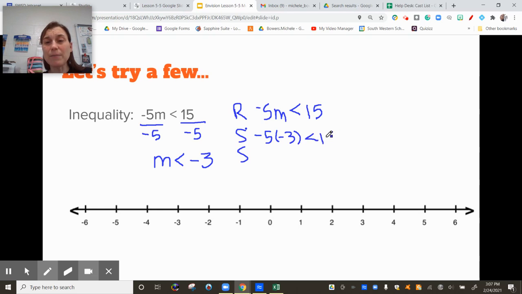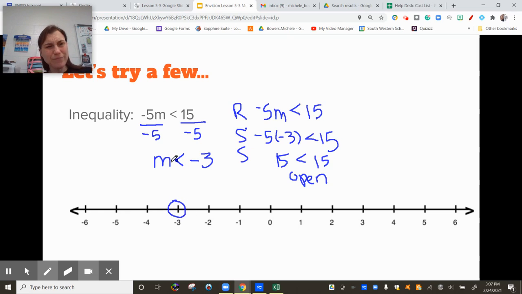Well, a negative times a negative is a positive, and 5 times 3 is 15. So this is actually positive 15. Now, positive 15 is not less than 15, but I have the same number on both sides. That tells me I have the correct target number, but it's just an open circle. So I'm going to put an open circle at the -3, my target number.